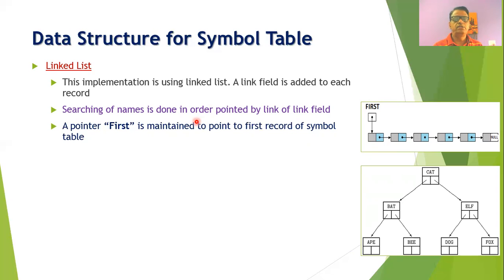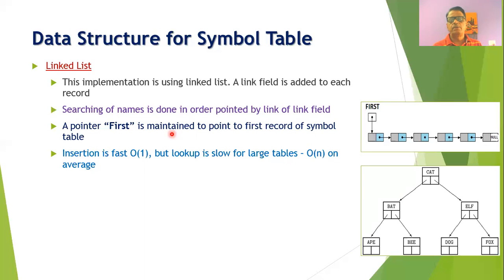A pointer first is maintained to point to the first record of the symbol table, and then at the end, we will have a null, which will indicate the end of the records. As far as the insertion operation of this data structure is concerned, insertion is very fast and it is of the order of 1, but the searching is quite slow and it is of the order of n for a large table. And therefore this data structure is also not very efficient as far as the searching of the name is concerned.